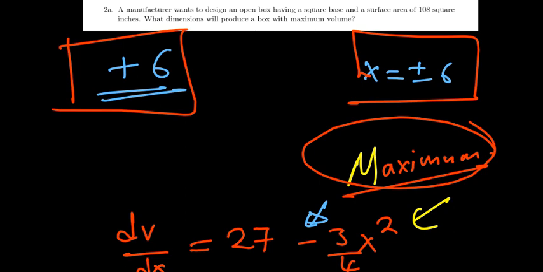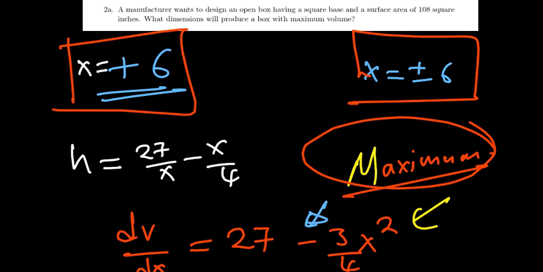Okay, so now where did we come from? Don't forget about our formula for the h. So this is for the length, right? So x is equal to that, that's the length. And then for the height, we came up with a formula which was 27 over x minus x over 4. So you can plug in the value of 6 there.